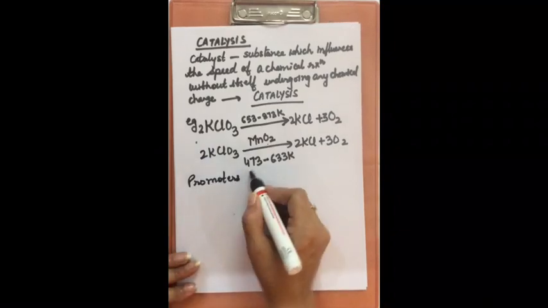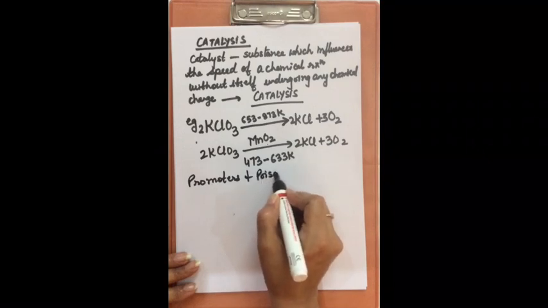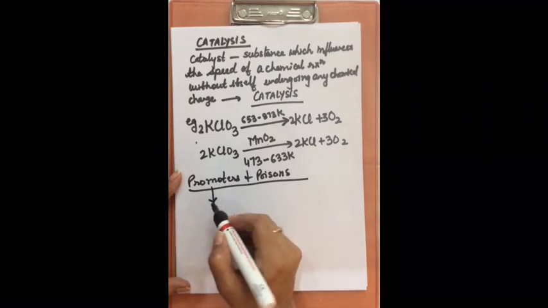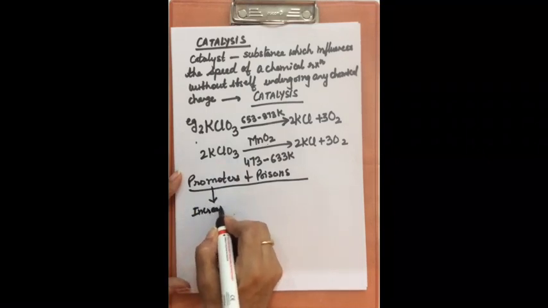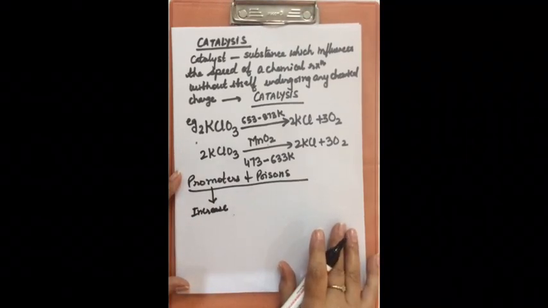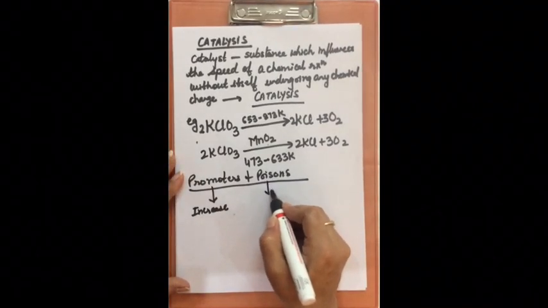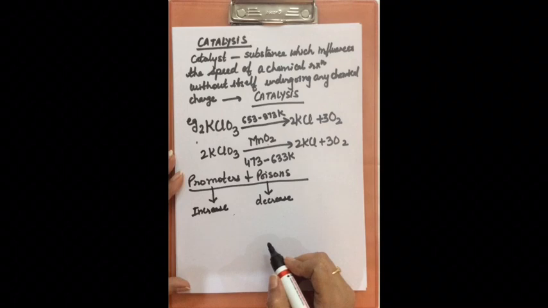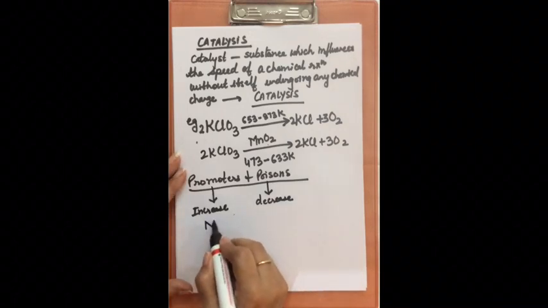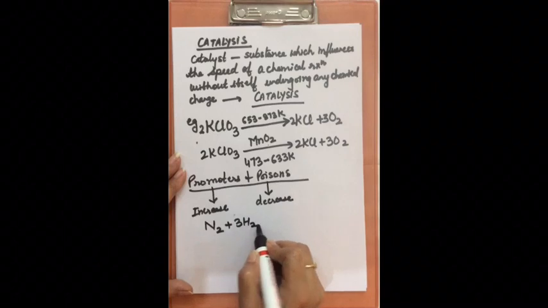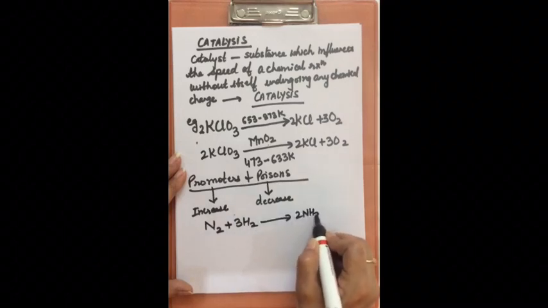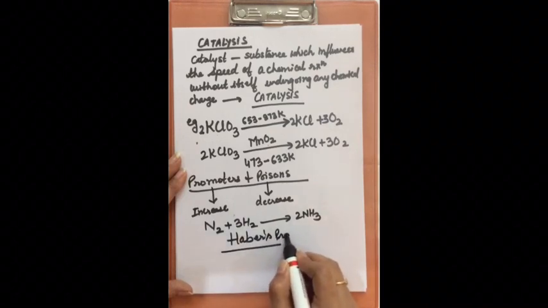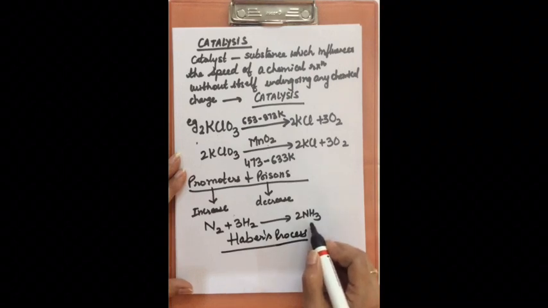Next, promoters and poisons. Promoters are substances that increase the activity of a catalyst, while poisons decrease the activity of a catalyst. For example, Haber's process is used to manufacture ammonia.